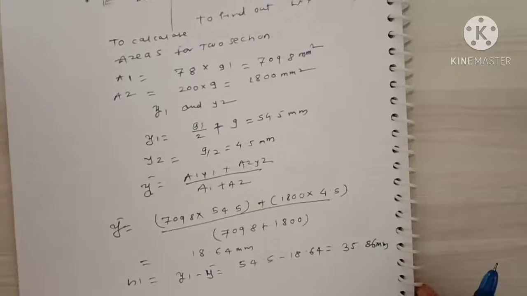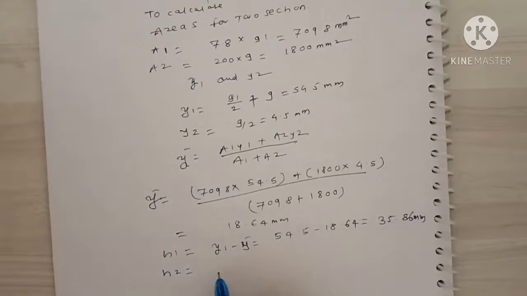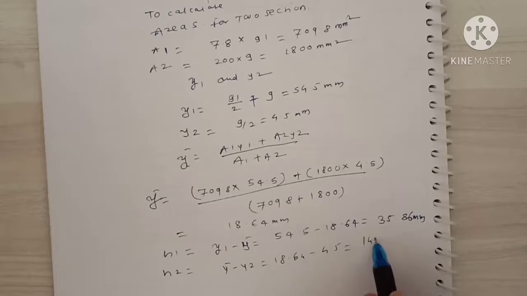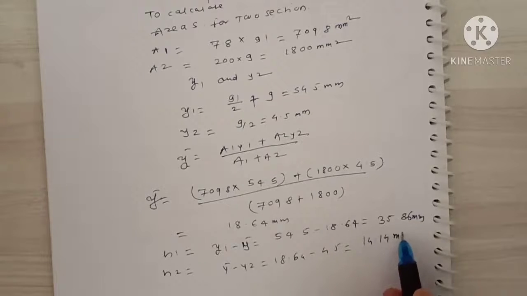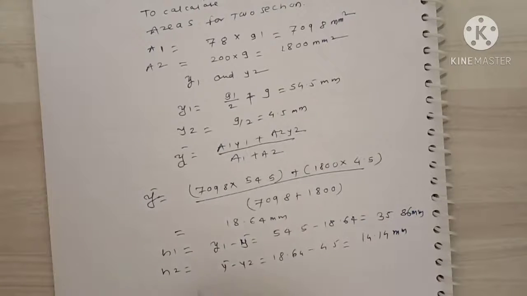Then h2 we calculate as y bar minus y2, 18.64 minus 4.5, that will be equal to 14.14 mm.